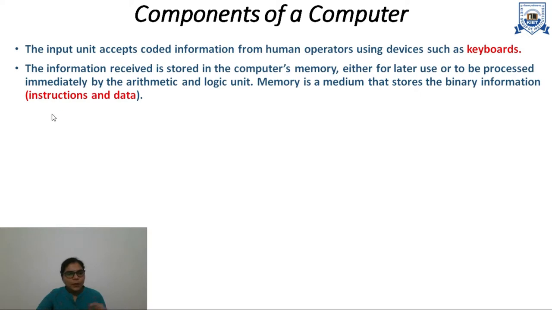What is an instruction? An instruction is a command given to a computer to perform a task. And data is what the operations are performed on. Suppose we have A plus B. Here the operation is plus, and A and B are operands, or data, on which addition is being performed.